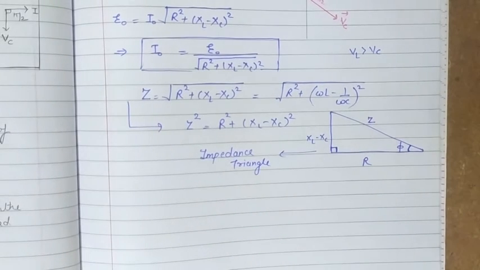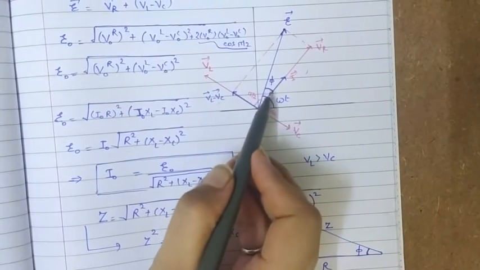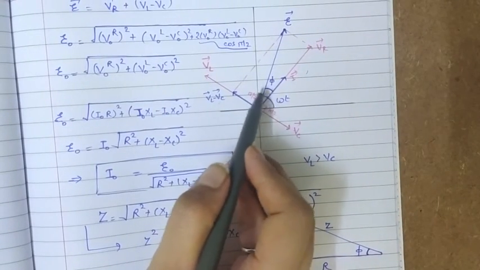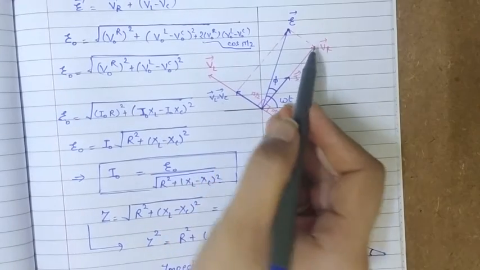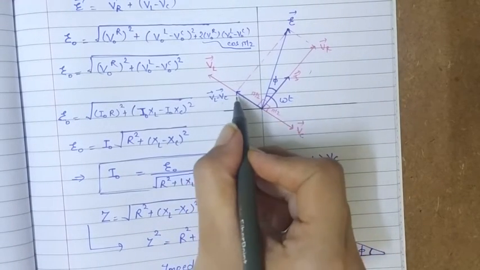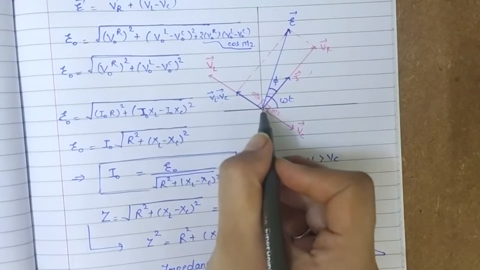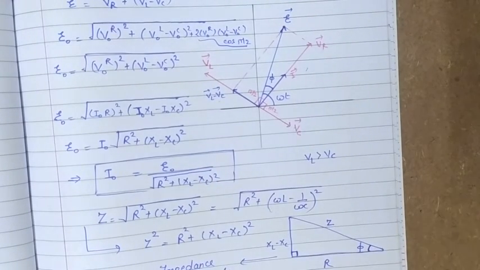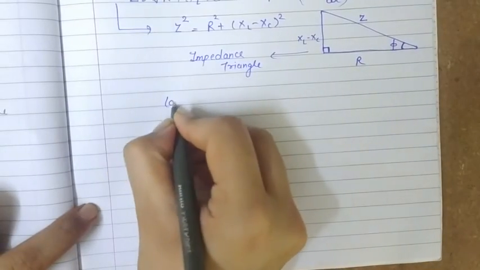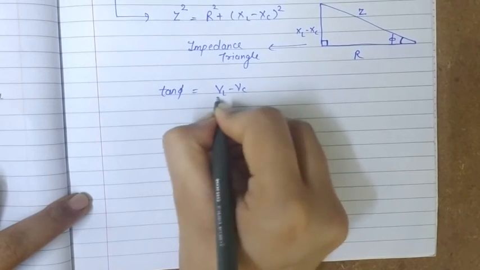Now for the direction of epsilon, means for the value phi. To find the value phi, we have to find tan phi, and tan phi is perpendicular upon base, and this distance is equal to the magnitude of vector VL minus vector VC. So tan phi is equal to VL minus VC upon VR.